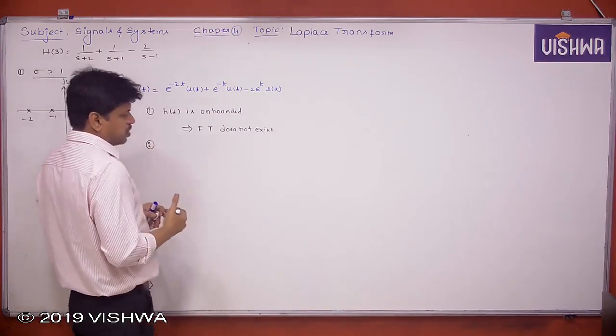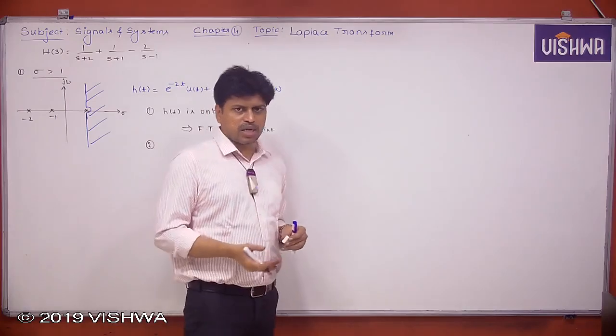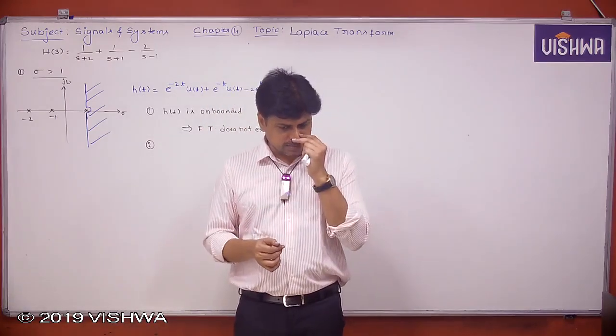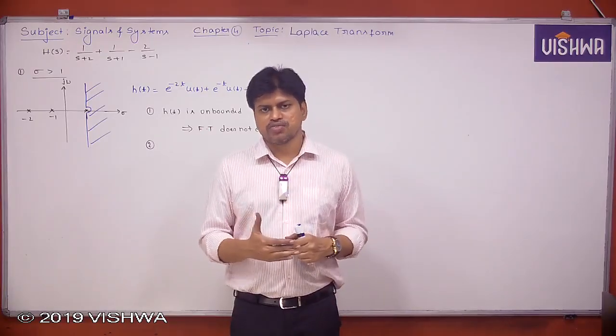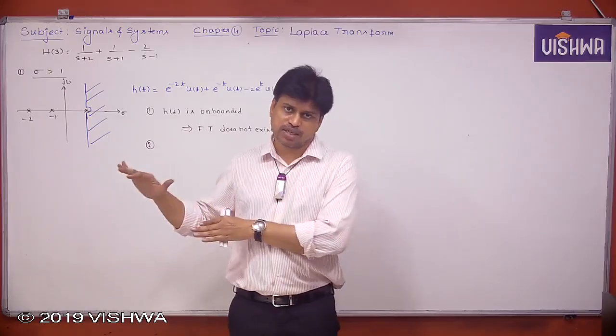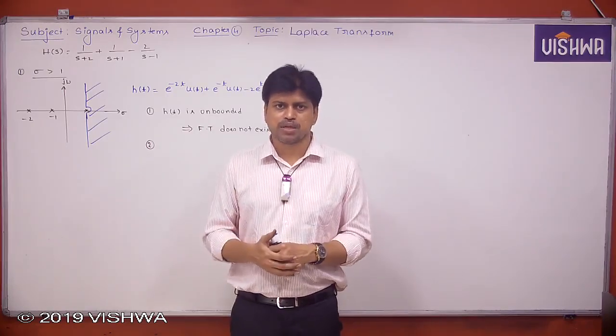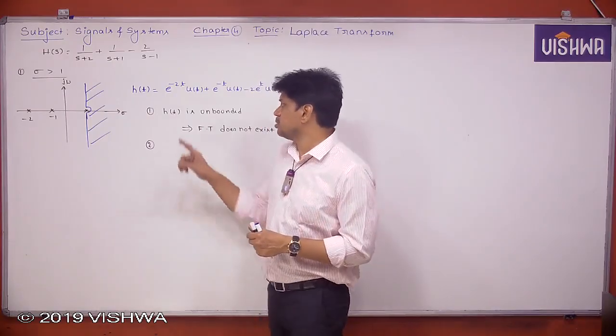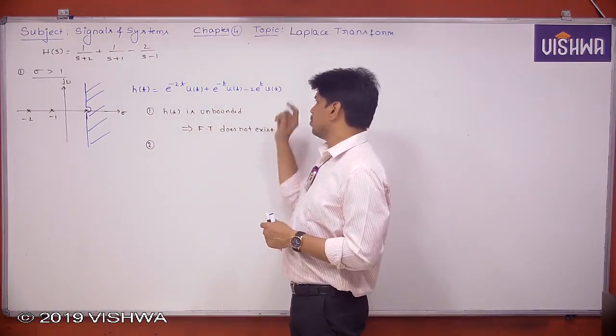Second one, h of t: whether it is a causal system or non-causal system. We have discussed the properties of LTI system. There we have seen h of t is equal to 0 for t less than 0. That means if h of t does not exist for negative values of time, then we can call that system a causal system. If you observe carefully, u of t, u of t, u of t, everything is u of t.